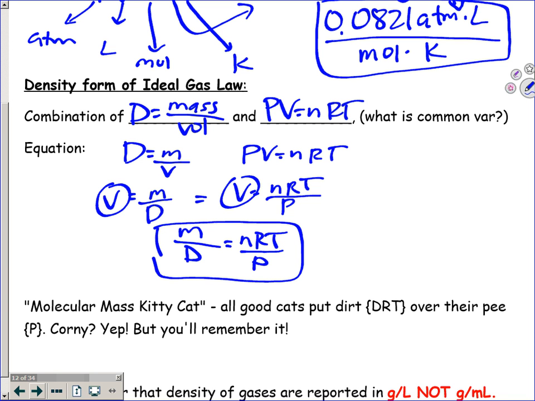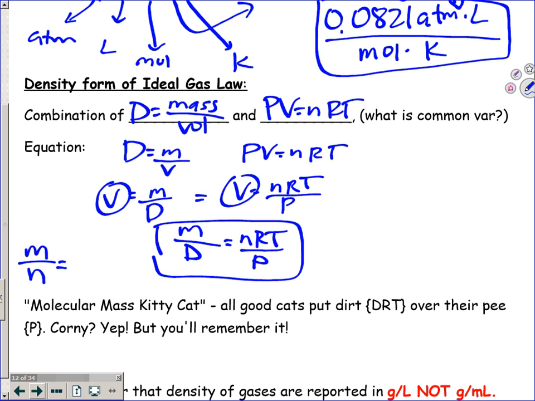Now I want you guys to solve the left side to be molar mass. What are the units of molar mass? Grams per mole. So what variables would that encompass? Mass and N, right? N. So I want this side over here to be mass over N. Tell me what the rest of it is. Rearrange the equation, algebra.